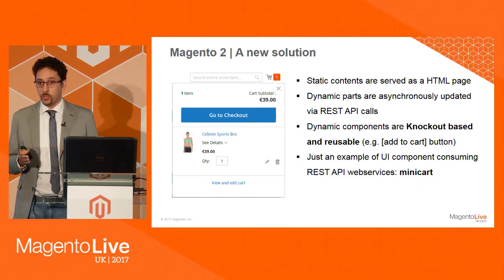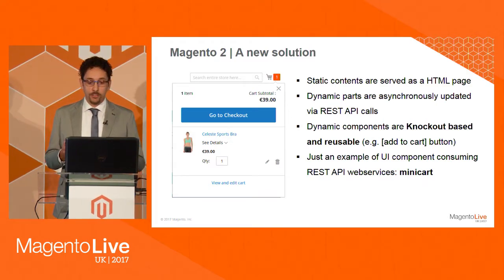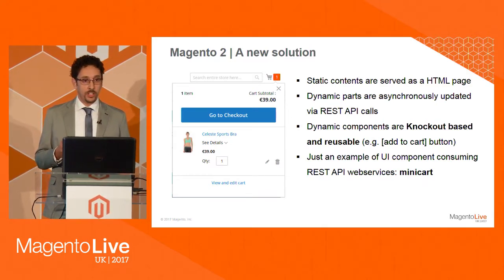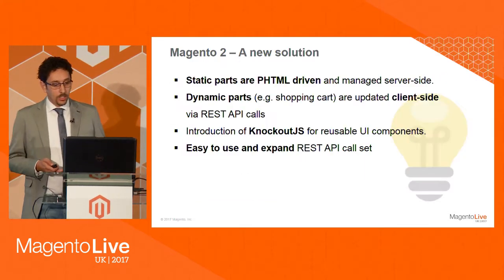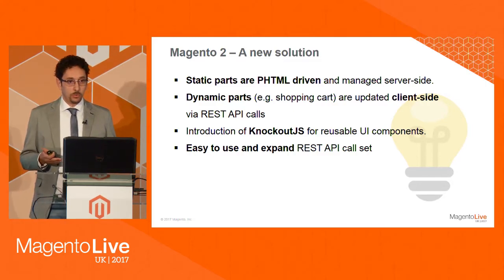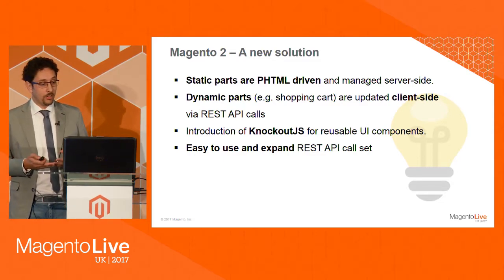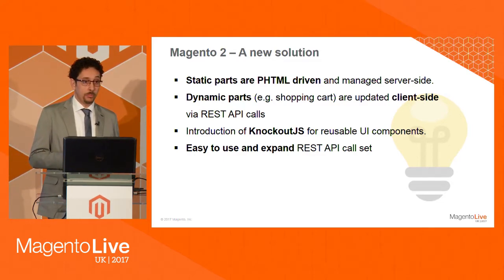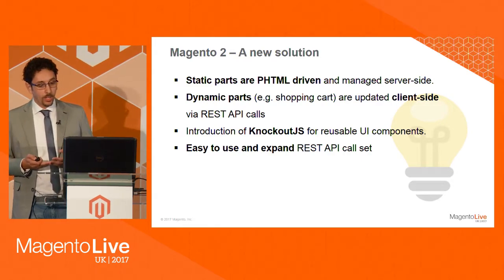This is because you get the static content at the very beginning, and then an asynchronous process loads the dynamic content. This is the solution of Magento 2. Static parts are PHTML driven like in Magento 1, but dynamic parts are updated using REST API calls, and these REST API calls are driven by Knockout.js UI components.